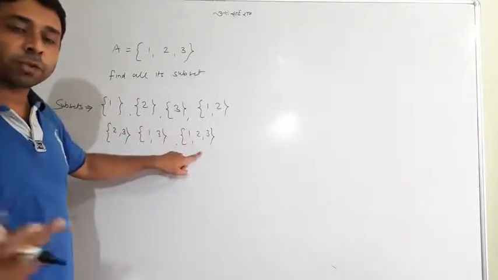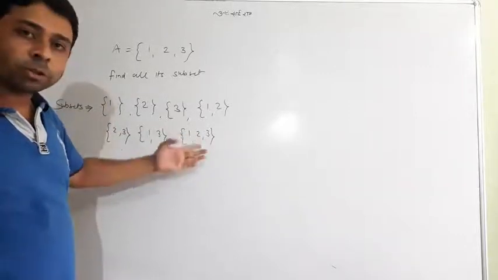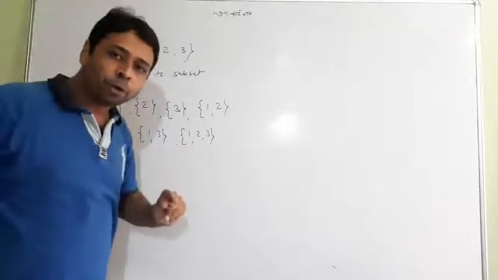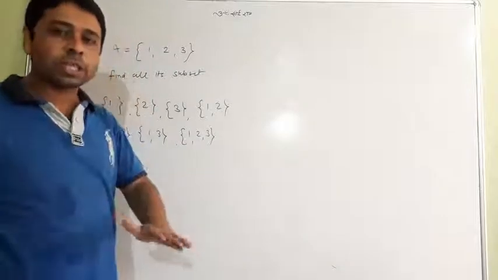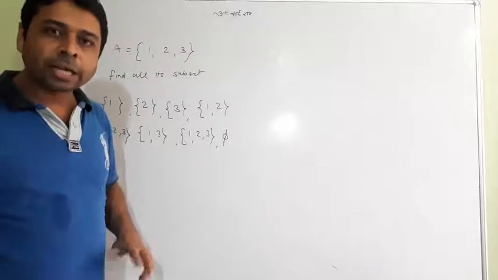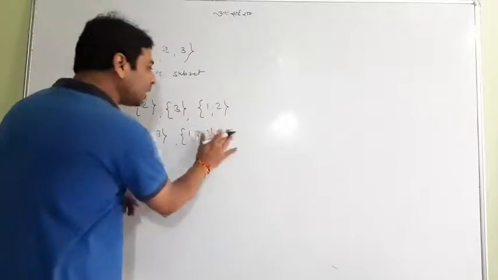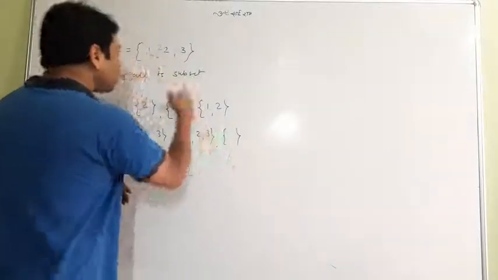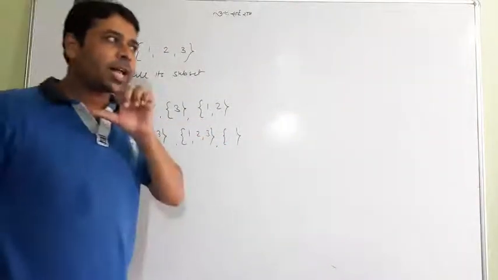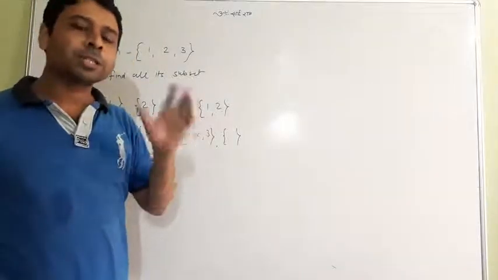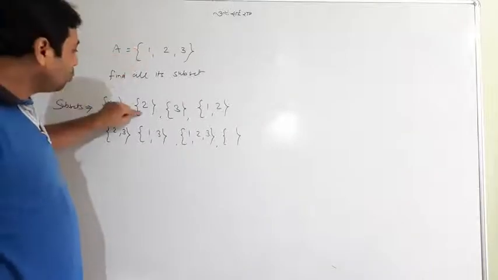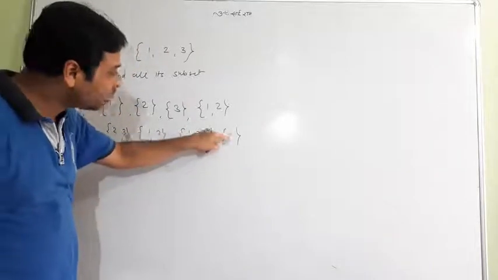{1, 2, 3} is also a subset, because I told you that every set is a subset of itself, meaning {1, 2, 3}. All 3 elements are lying in that. So it is also a subset. And one major thing which you cannot see is phi. Phi is a null set containing no element. Does it belong here? You will say yes, because having no element, it can be placed anywhere. This is the last sentence, very confusing, but still true: as 1 is appearing here, 2 is appearing here, this is nothing, so nothing here.